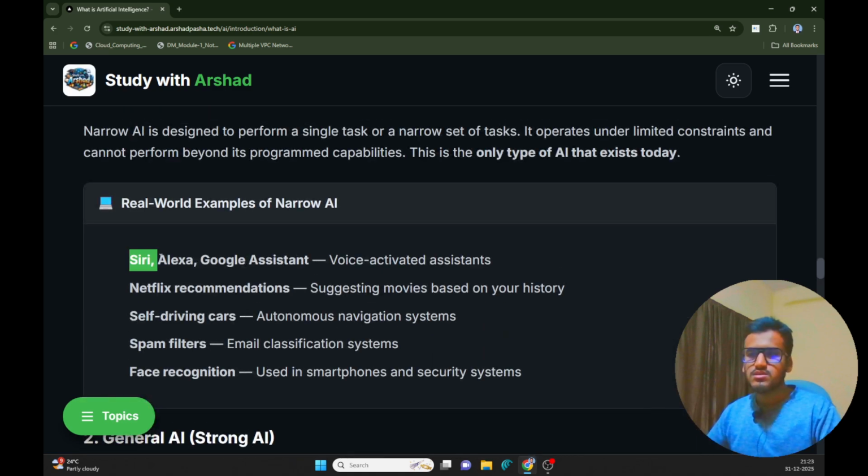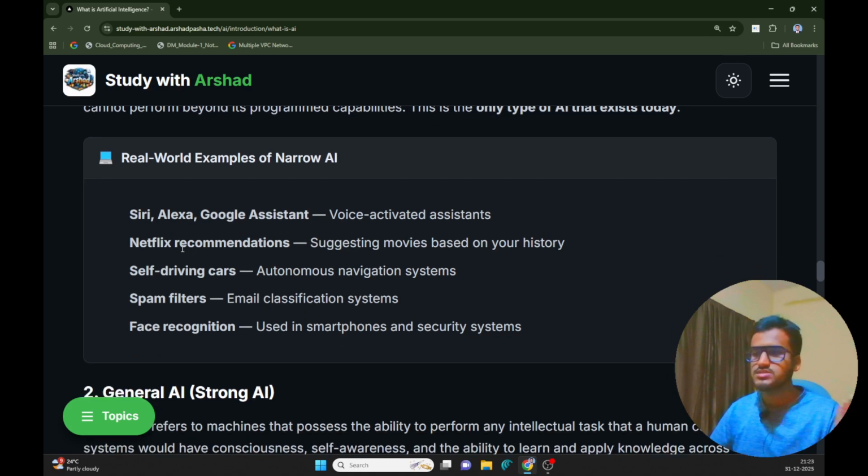An example is Siri on iPhones. If you say, hey Siri, open YouTube, it opens YouTube. It is a command we give, and it just does that. If you say, hey Siri, go to Google and search this, it will do it, but it does not do anything extra. The same goes for Google Assistant, Netflix recommendations and self-driving cars.